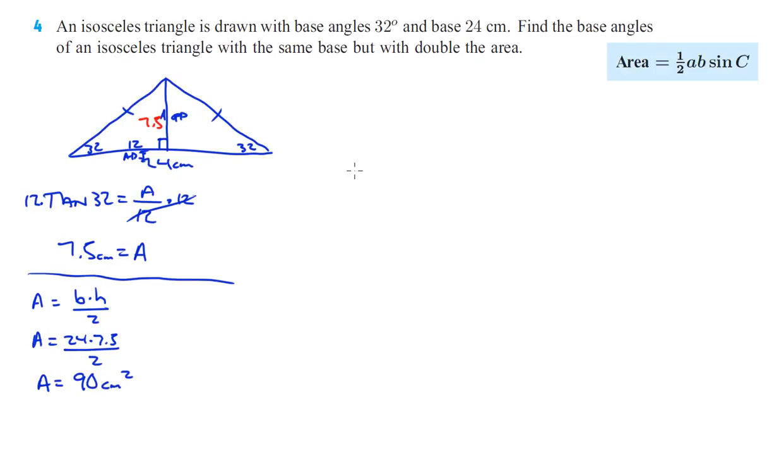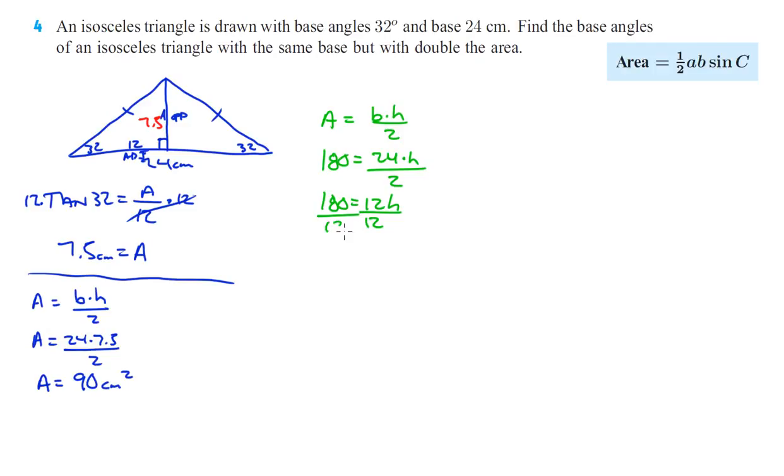So we know the base is still the same, so we can still use area equals base times height divided by 2. So the area now is going to be 180. The base is still 24. The height is what we're looking for now, and it's still divided by 2, right? So that's going to be 180 equals 12h.